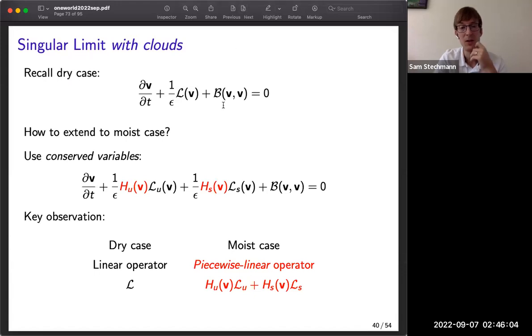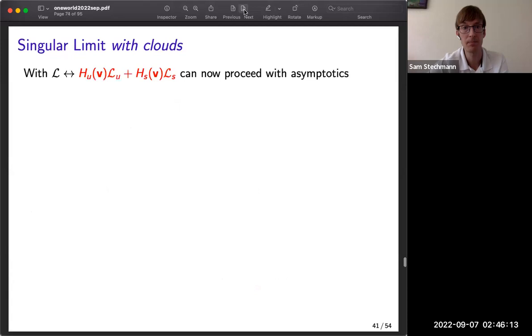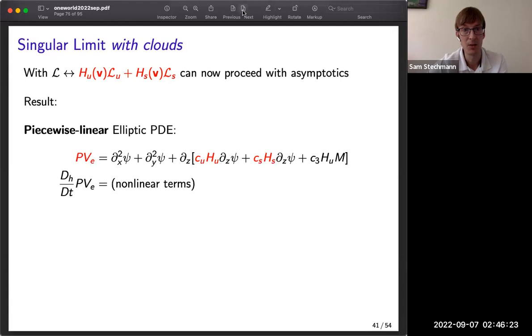Okay, so what that's going to lead to is that instead of having a linear operator, I now have a piecewise linear operator in the case with clouds. Now to proceed with the singular limit, we can do the asymptotics. I just have to have this piecewise linear operator in it. I'm not going to walk through the calculation. It's actually not a whole lot different after you take this viewpoint.